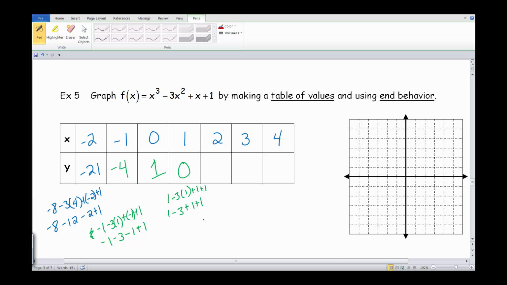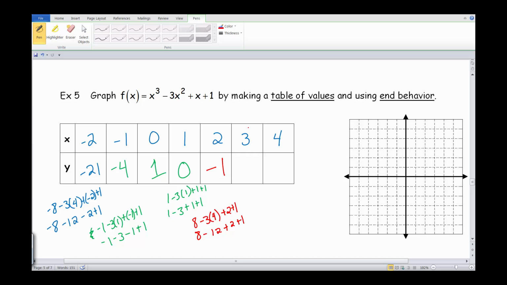We end up with 2 cubed is 8, minus 3 times 2 squared is 4, plus 2 plus 1. Looks like then 8 minus 12 plus 2 plus 1. So negative 4, negative 2, negative 1 would be that y value.